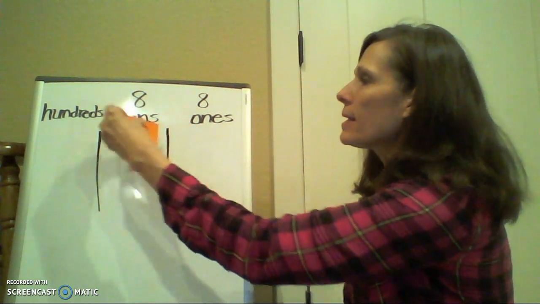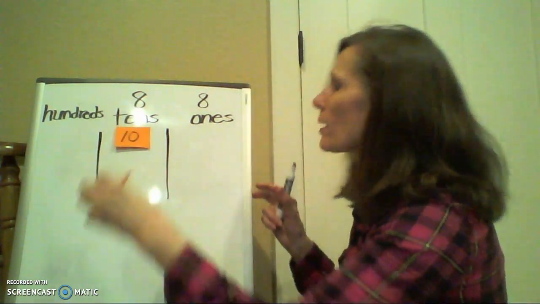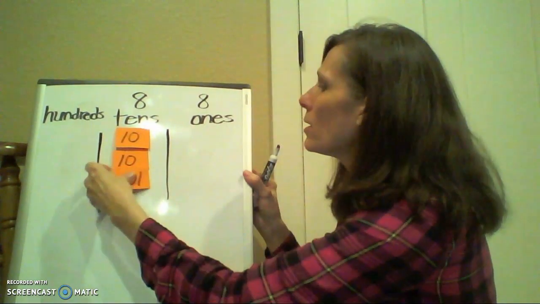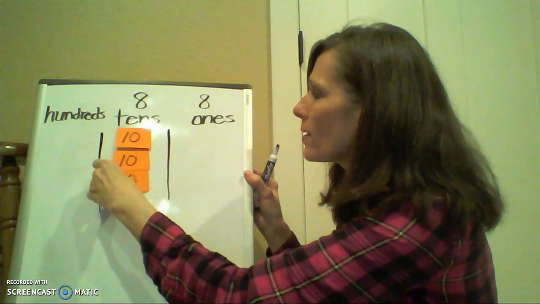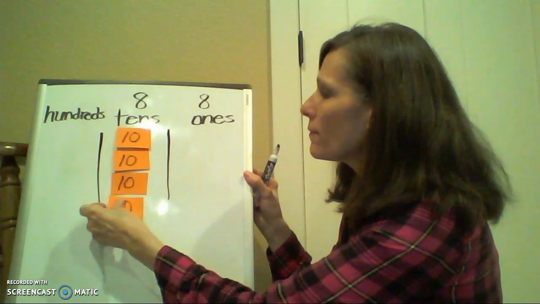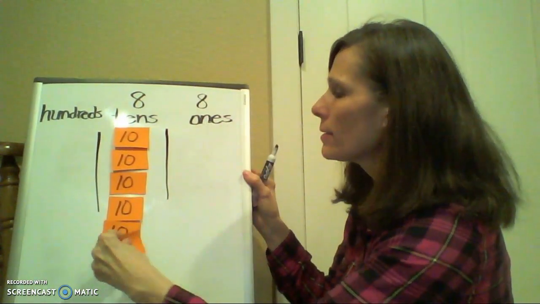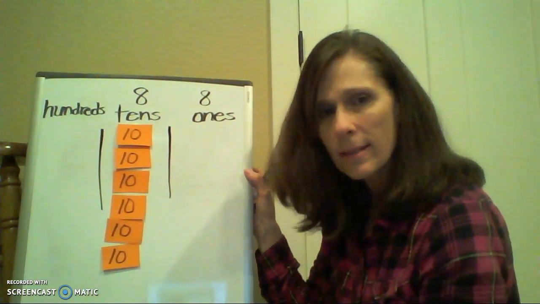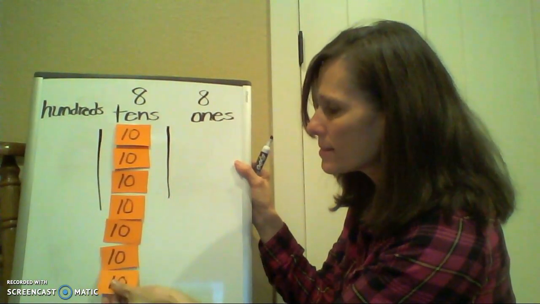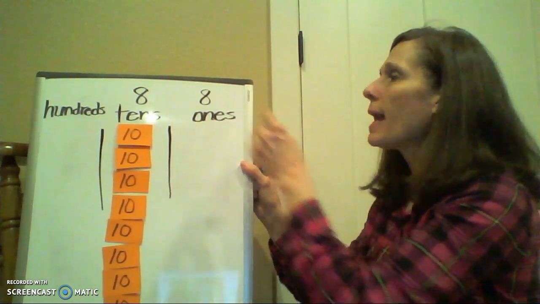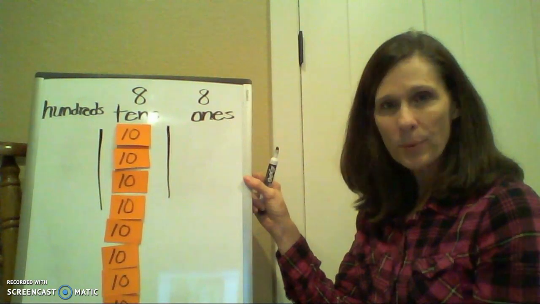So I could put it like this: 1, 2, 3, 4, 5, 6, 7, and 8, right? And what does the 8 in the ones place really mean?